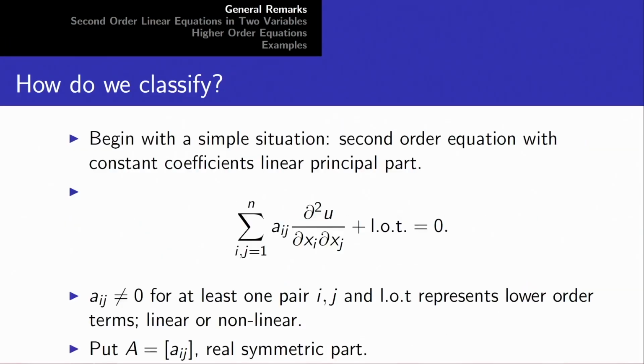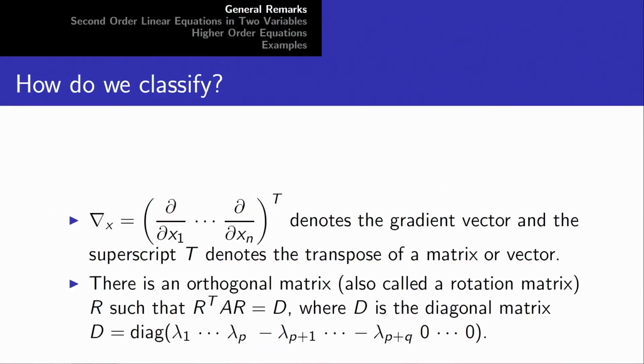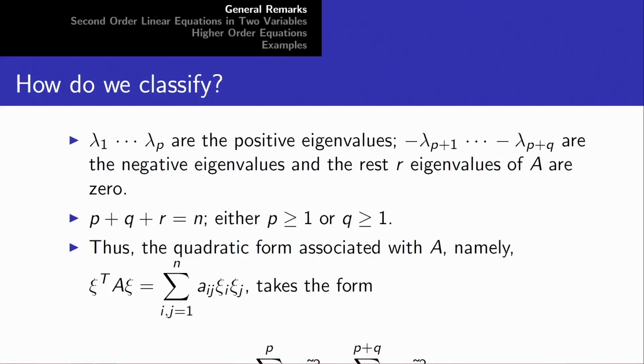In the summation a_ij del square u by del x_i del x_j, you replace del square u by del x_i del x_j with xi_i xi_j, and that is how you get the quadratic form associated with the matrix A, and the matrix A comes from the PDE. So this is also the quadratic form associated with the PDE itself.